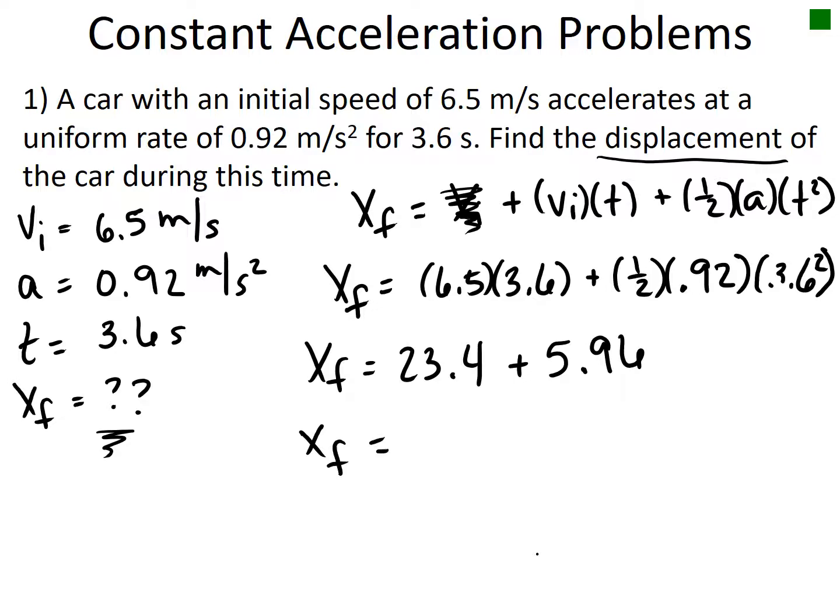So XF is 5.96 plus 23.4, 29.36 meters. Okay, so as you work through these types of problems, you'll find that picking out the equation to use will become easier and easier the more you practice them.